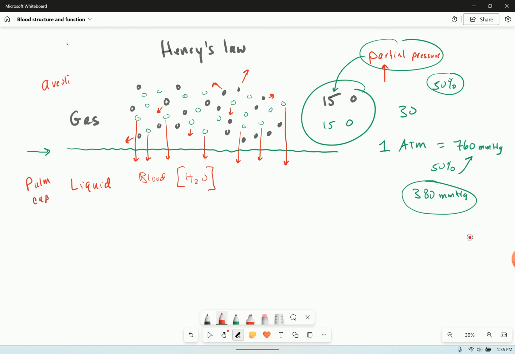That being said, if you do deep breathing and you're going to increase the partial pressure of gas, these things are going to bounce around even more, and you're going to force more into the bloodstream.